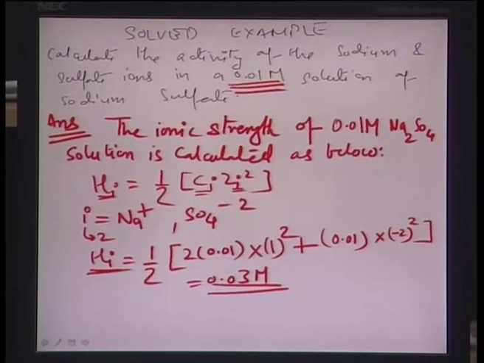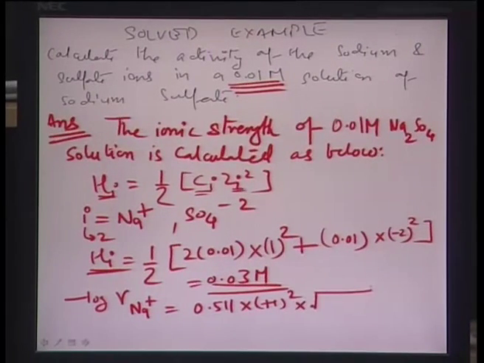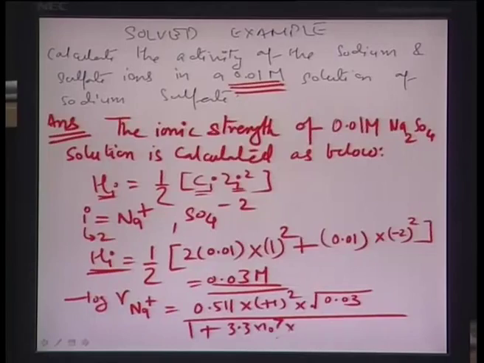So, this is the mean ionic strength of this sodium sulfate solution. Once the mean ionic strength is calculated, the rest of the things are easy. You just need to calculate minus log of gamma Na plus, which in this case would be equal to 0.511, the A term, times the square of the valency on the sodium, which is +1 square, times root over mu I, where mu I is 0.03 molar, divided by 1 plus B, which in this case is 3.3 into 10 to the power of 7, times the ion size parameter of Na plus.